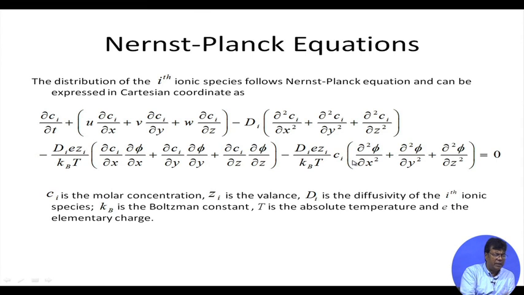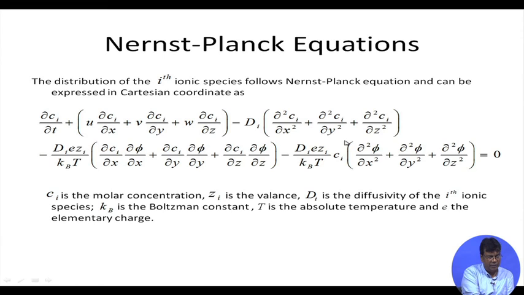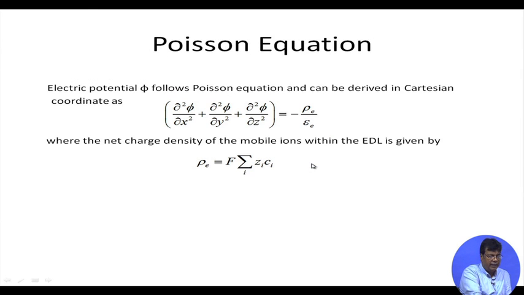And once I get the C_i at any point for all these i's, one can get the charge density rho_e, and then one can write the equation. So, obviously, this equation depends on the ion transport equation, also referred to as the Nernst-Planck equation. And this set of equations is supplemented by the Poisson equation for the electric field, which we have derived already.